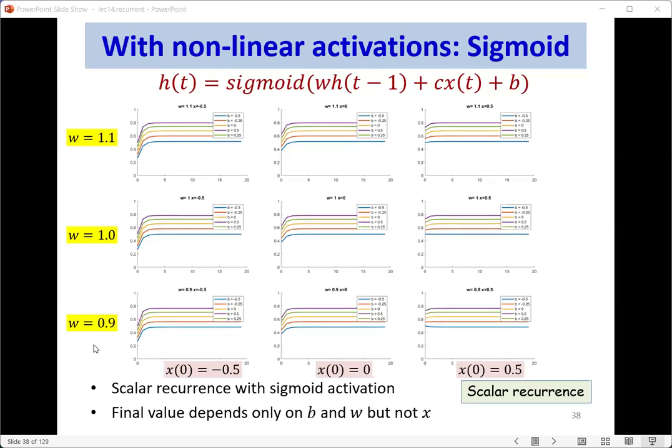What does the long-term response of this recurrence depend on? It doesn't depend on the weight. For the different weights, the responses are the same, correct? It doesn't depend on the input. For different inputs, the responses are the same. The long-term response of the system only depends on the bias. This is if you use a sigmoid activation. If that makes sense, guys? Yes or no?